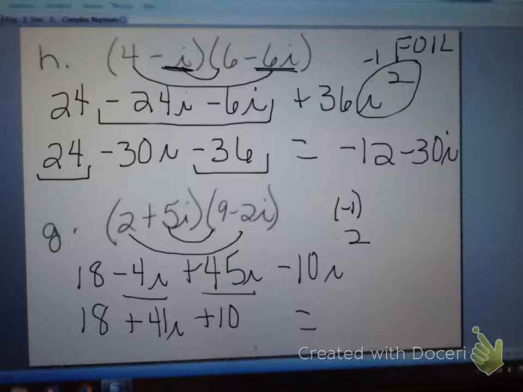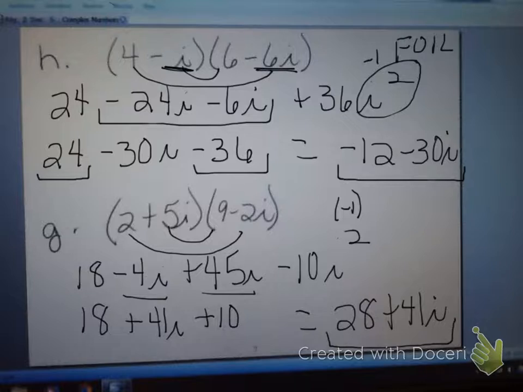Combine 10 plus 18 is 28 plus 41i. Now notice that when you're dealing with imaginary numbers, you are putting the constant first, and then the imaginary number. So the imaginary number always goes last.